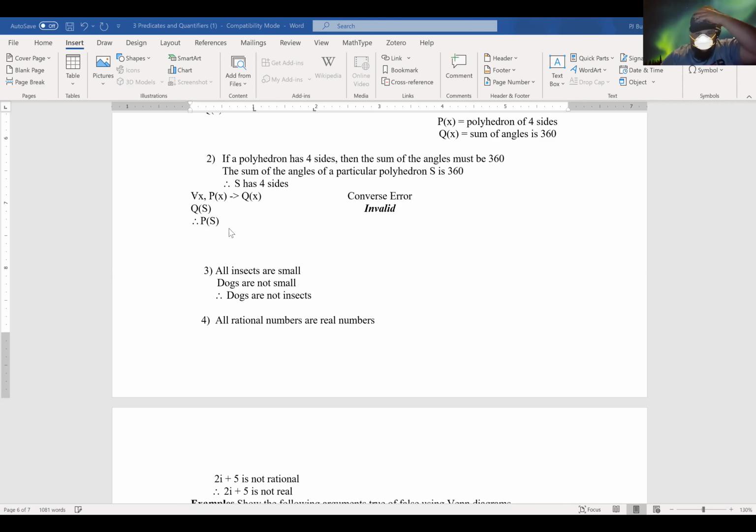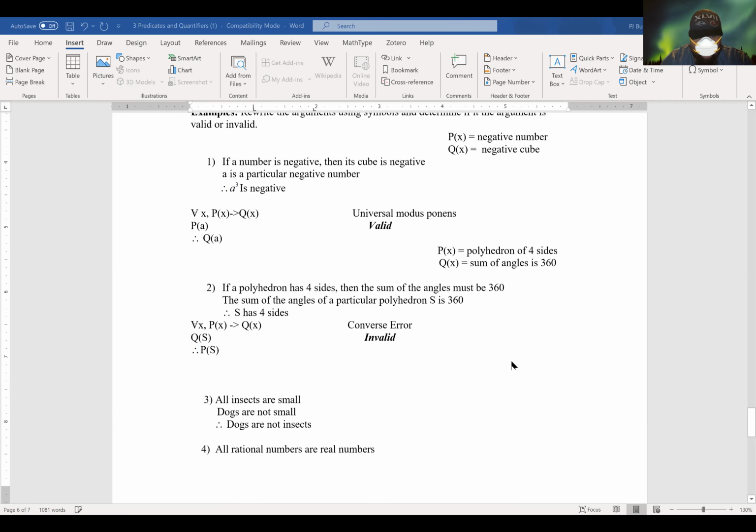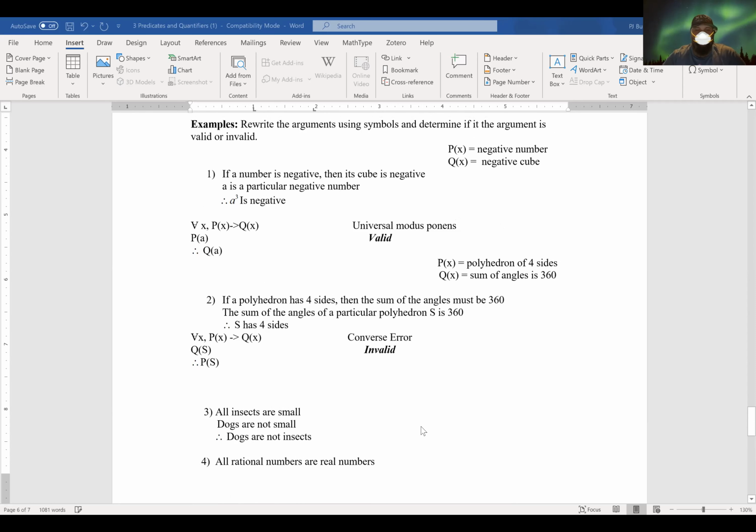So this one we have to interpret differently. So to do that, all right, so read the sentence. It says, all insects are small.